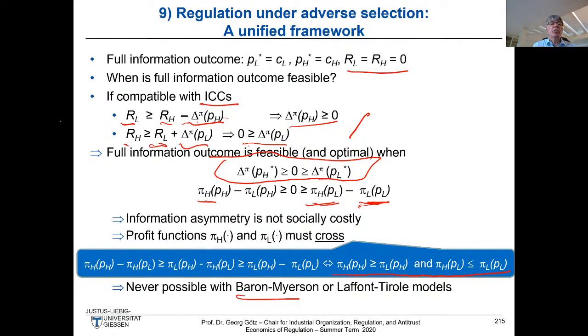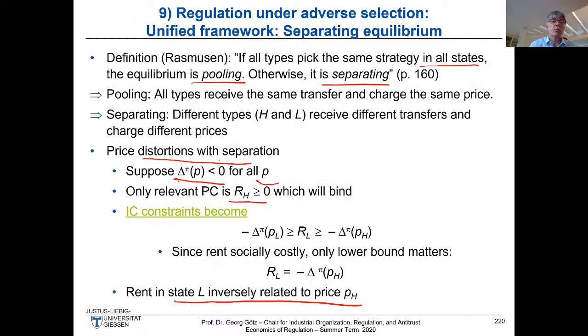What we did here is we just turned it around. You have to be exact because it's delta pi PL, then delta pi pH. The important point is that this is really the incentive compatibility constraint of the low type, which I just call ICCL here.